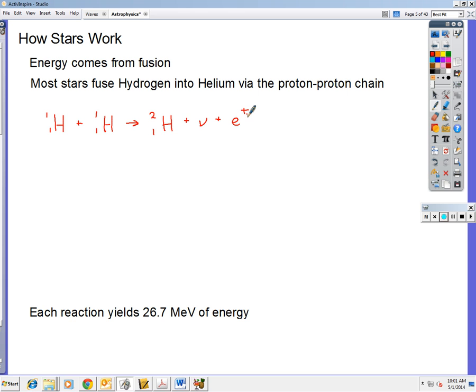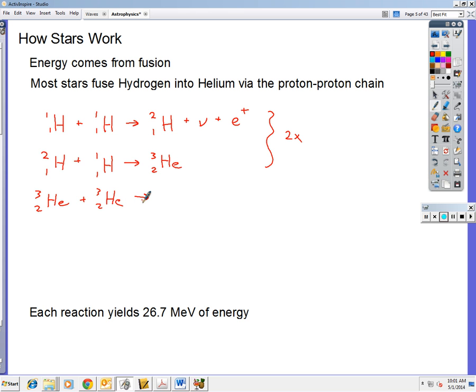Then what happens is, once you have that deuterium, it runs into yet another hydrogen atom, which is all over the place in a star. And this happens very, very quickly, and that forms helium-3. This process happens twice, because in the next step, you get two helium-3s, and that means each one of those has two protons and a neutron in it.